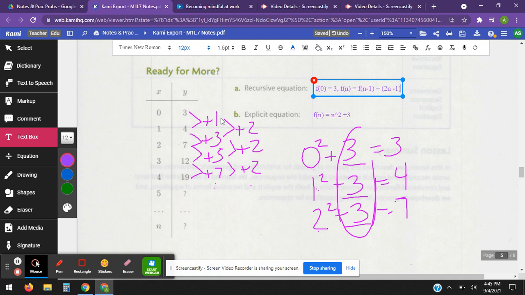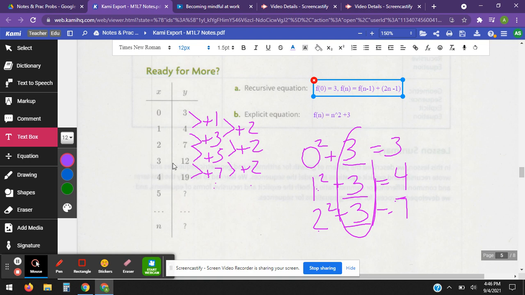So 2 of these minus 1 gets me 1. 2 of these minus 1 is 3, 5, 7. So 2 ones minus 1 is 1, 2 of these minus 1 is 3, 2 of these minus 1 is 5, 2 of these minus 1 is 7.